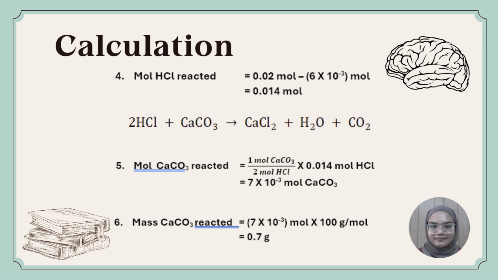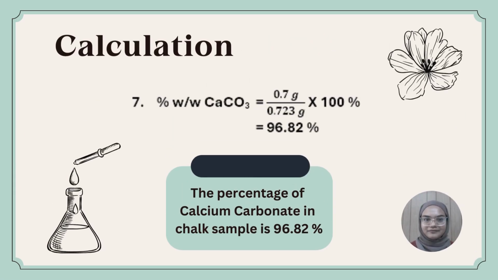Then we find the mass of CaCO3 reacted by multiplying 7 times 10 to the power of negative 3 mole by 100 gram per mole, and we get 0.7 gram. And the last one, we find the percentage weight over weight of CaCO3, which is 0.7 gram over 0.723 gram times 100%, and we got 96.82%. So the percentage of calcium carbonate in the chalk sample is 96.82%.